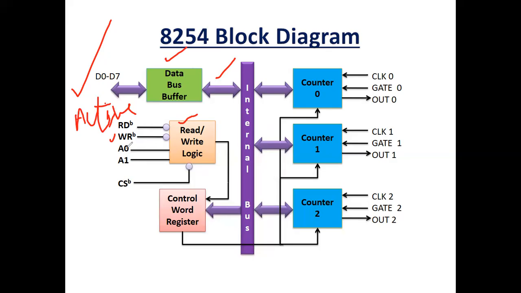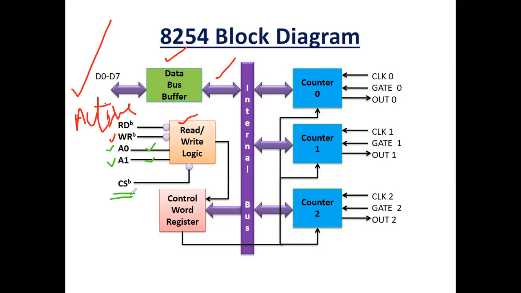And these two, A0 and A1. These pins are address input pins and are required internally for addressing the control word register. Along with read, write, A0, A1, there is one more pin, that is chip select.